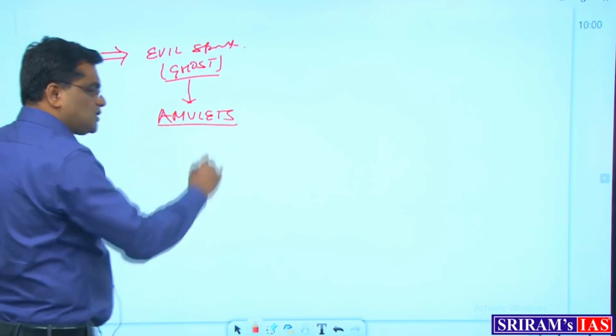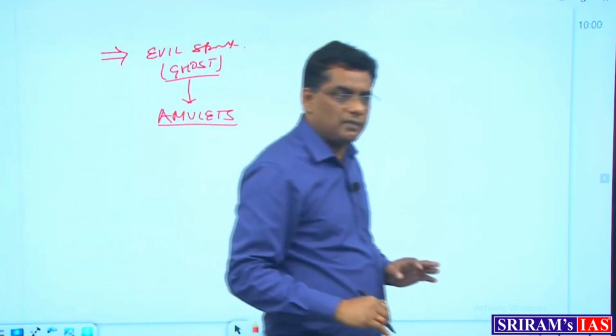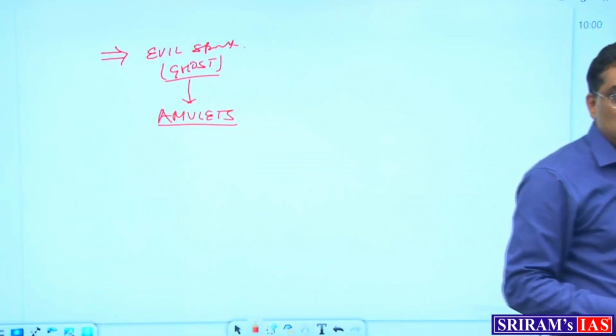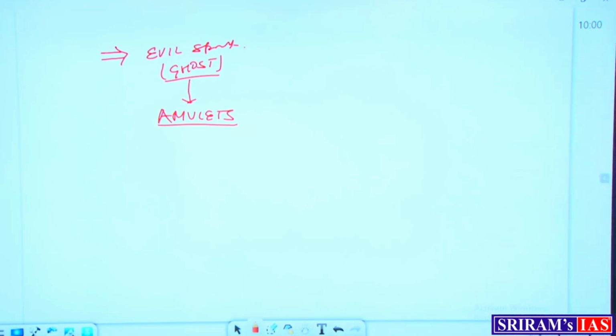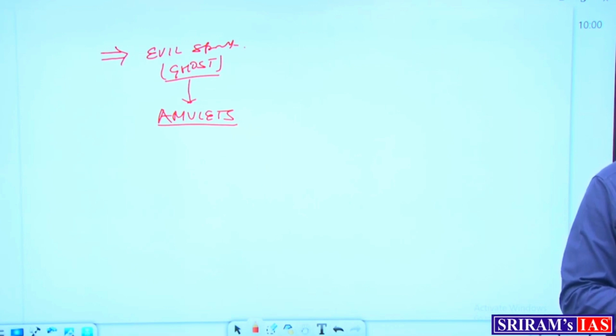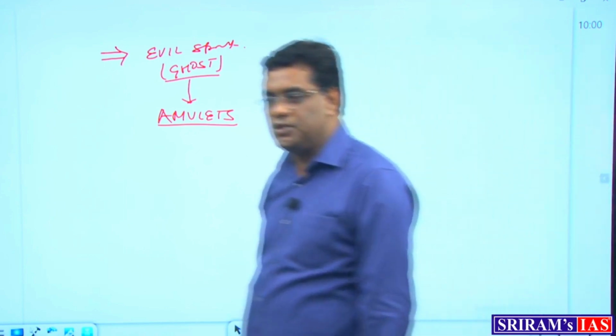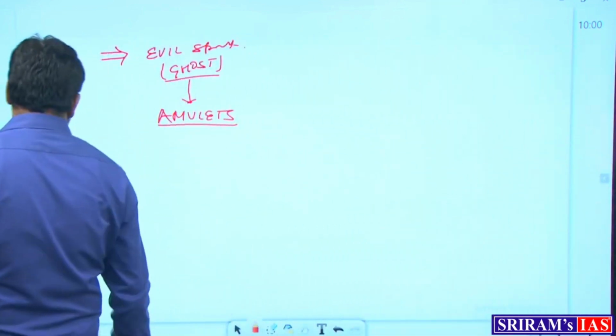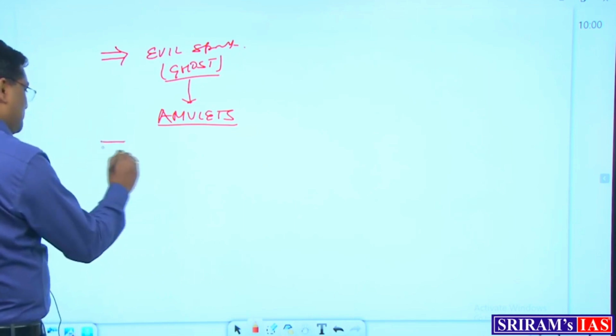So many amulets they put anywhere on the body. Suppose they came out of the house without amulets, they had a feeling that they would not return home because a ghost would kill them. So they believed in a large number of amulets, tabiz.